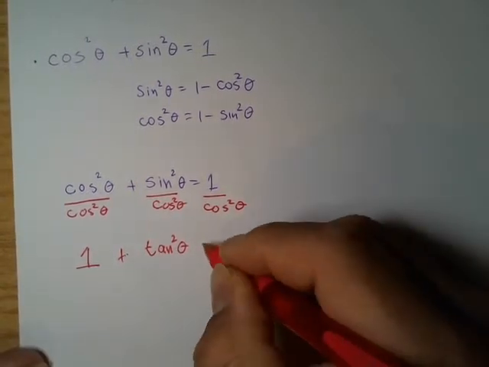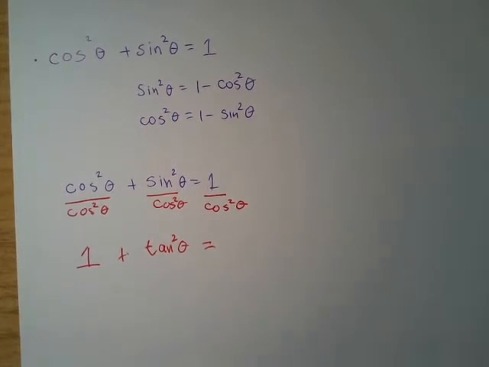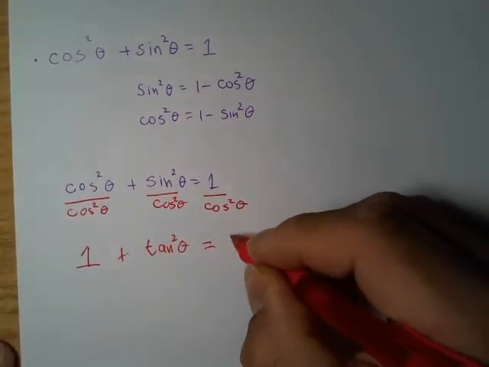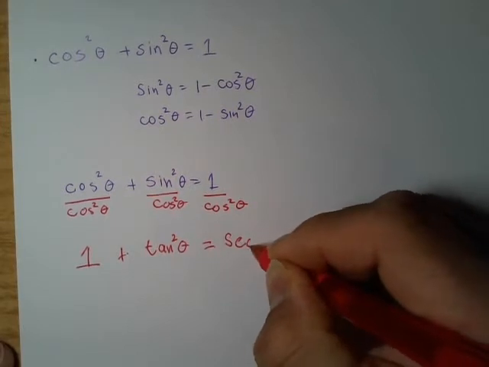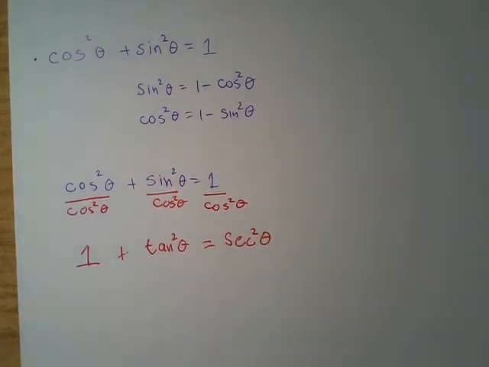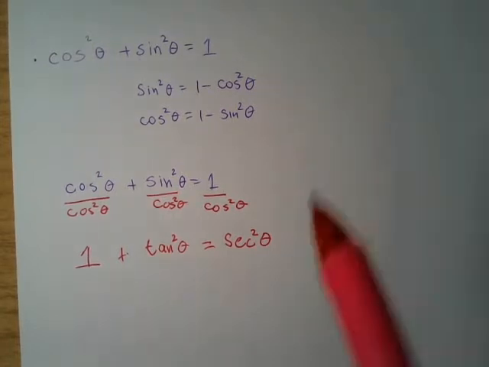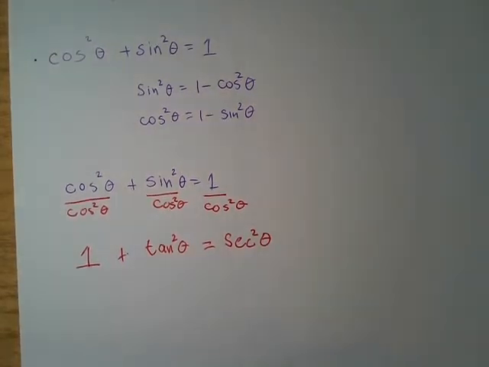And the same over here, 1 over the cosine squared. We know 1 over cosine theta, a reciprocal identity, is secant, and since it's squared, we have secant squared of theta. And then similar to this up here, we can rearrange it in any form.